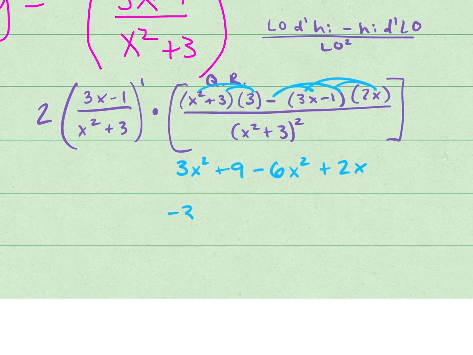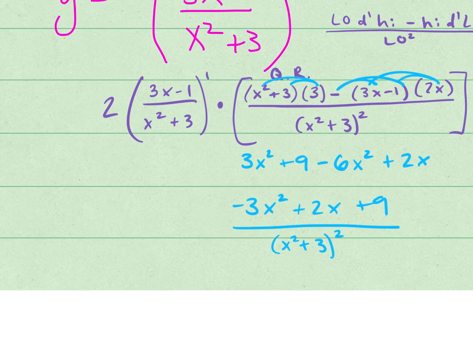So this would be negative 3x squared plus 2x plus 9 over x squared plus 3 squared times, I can distribute the 2. Let's do that. We'll simplify here. So this would be 6x minus 2 over x squared plus 3.